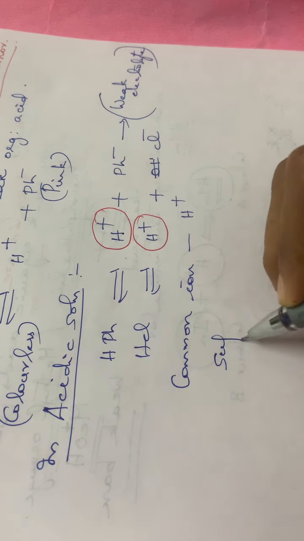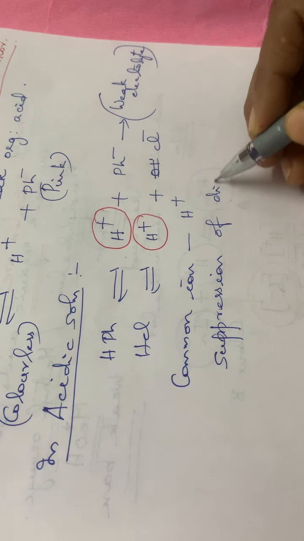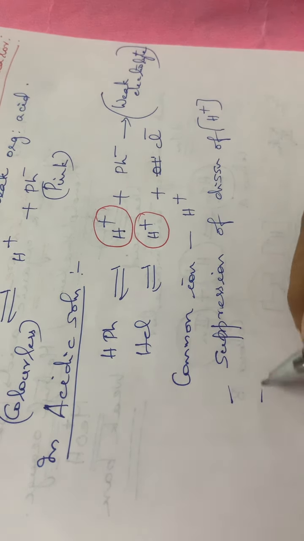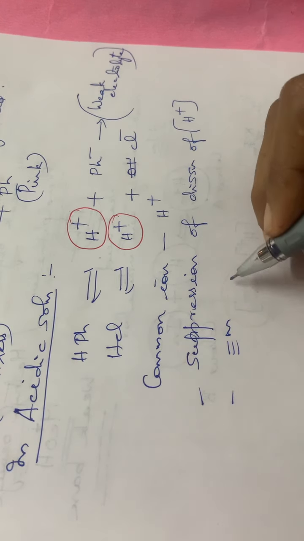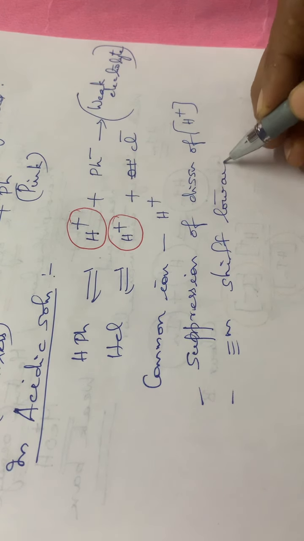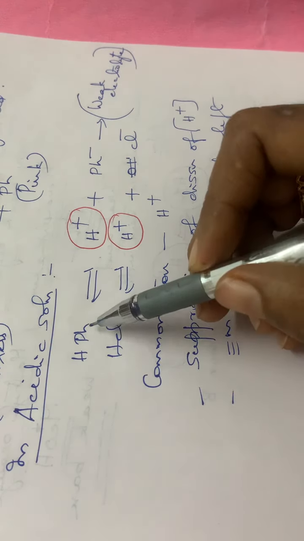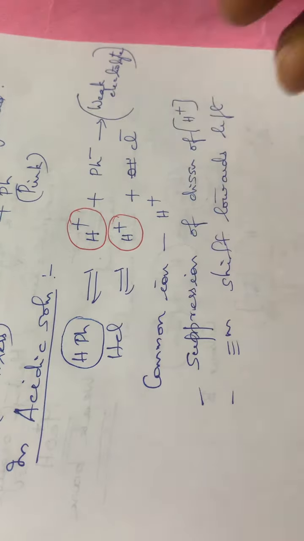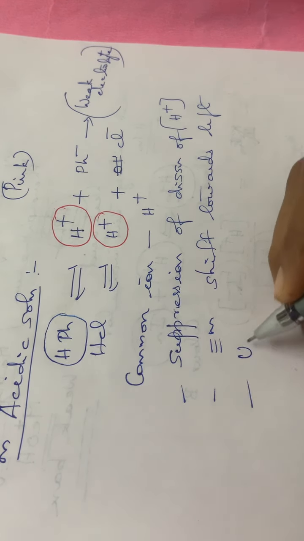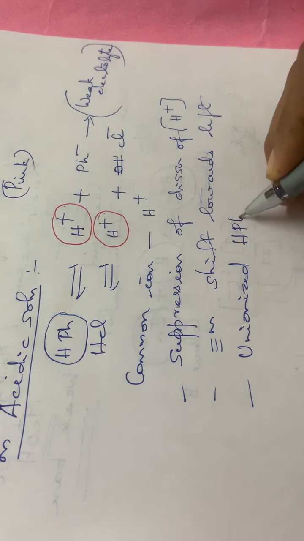Suppression of the dissociation takes place. That means the equilibrium will be shifting towards the left. That is, more of unionized HPH, or unionized phenolphthalein, will be there.